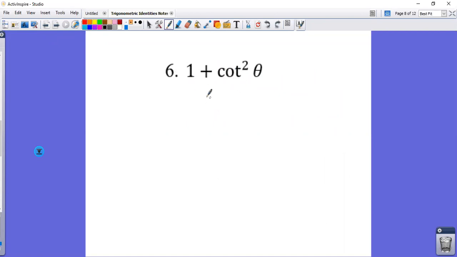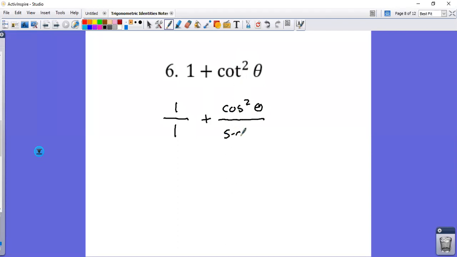Okay, again, you're adding. So 1, which I know, just change it to a fraction. 1 over 1 is 1. Cotangent squared is the cosine squared over sine squared theta. So anytime it's a squared function, you can just write it with squares, even when you change it.